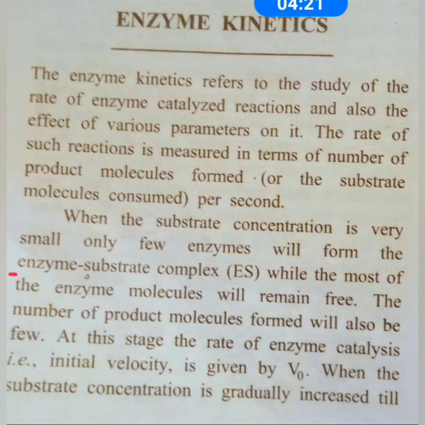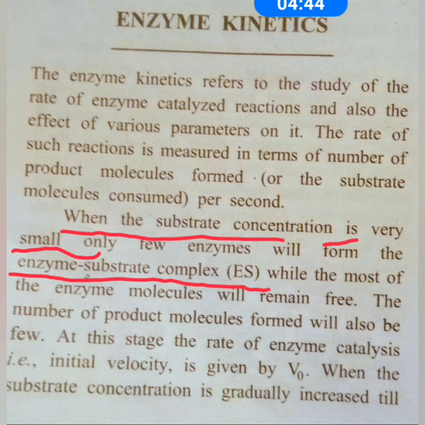Since I have 10 molecules of substrate, those 10 molecules will bind to 10 molecules of enzymes. So 90 enzymes will be free. I hope you understand this. So that is why the first line here says that when the substrate concentration is very small, only a few enzymes will form the enzyme substrate complex, while most of the enzyme molecules will remain free.